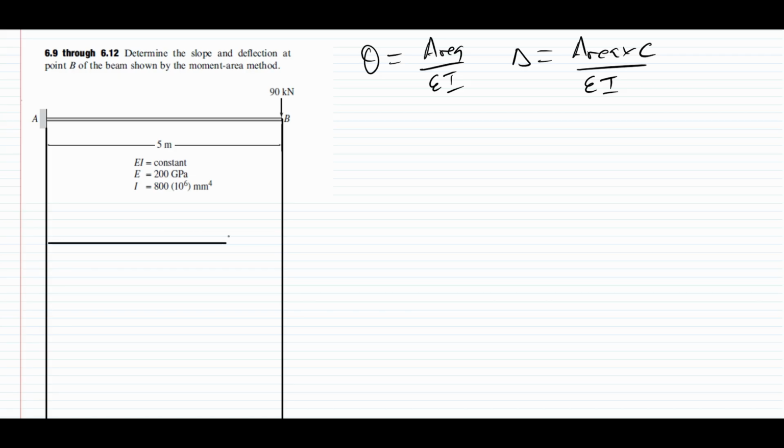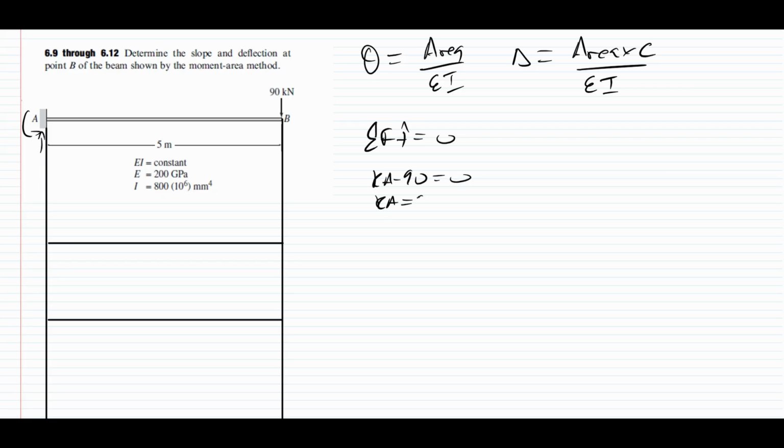So now let's find our reaction at A, so we can do our shear force and bending moment diagram. Let's use sum of forces, upward positive, equals 0. We have RA going up, and moment A going counterclockwise. So RA minus 90 equals 0, and RA will be 90 kilonewton.